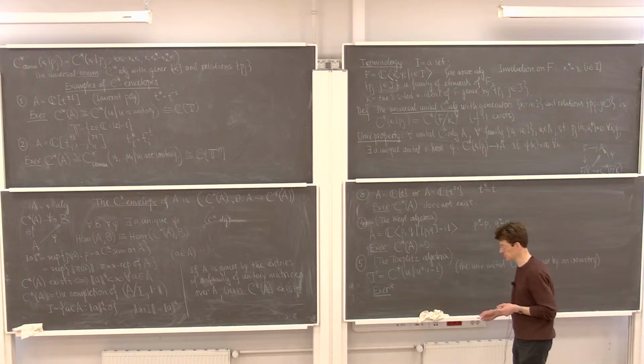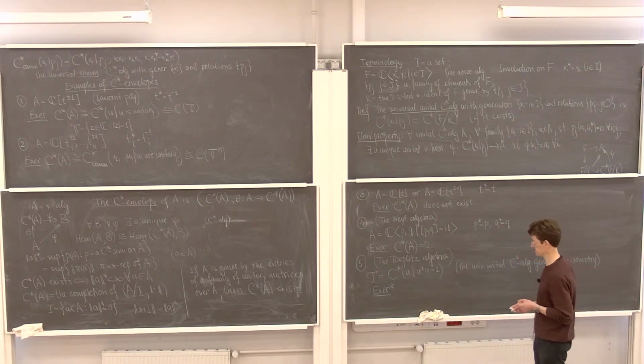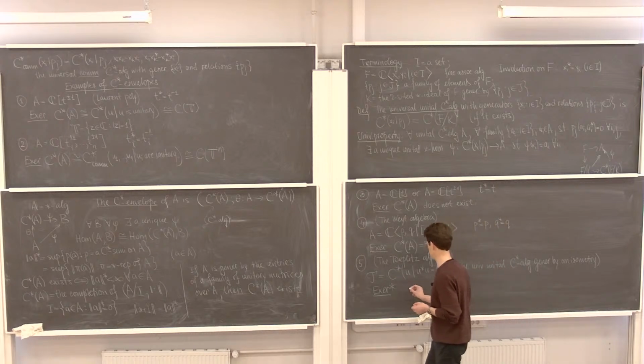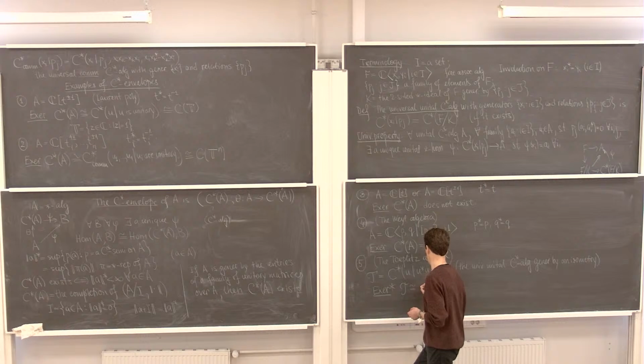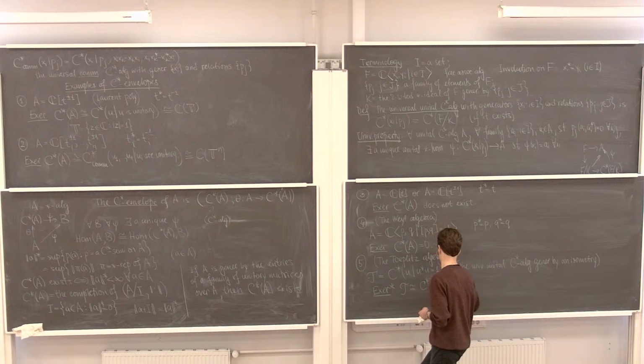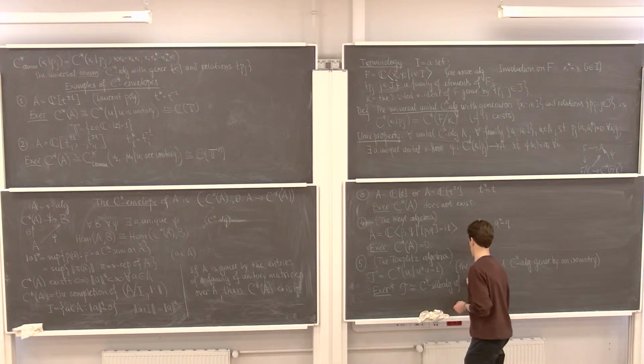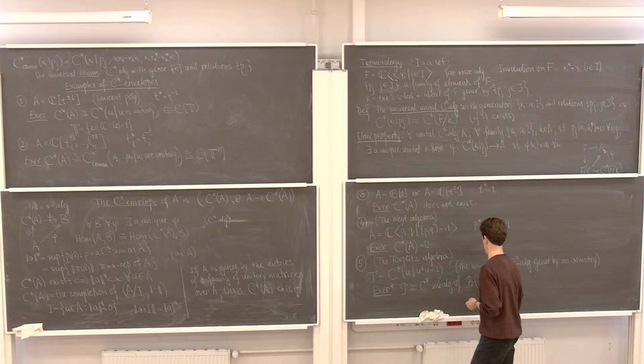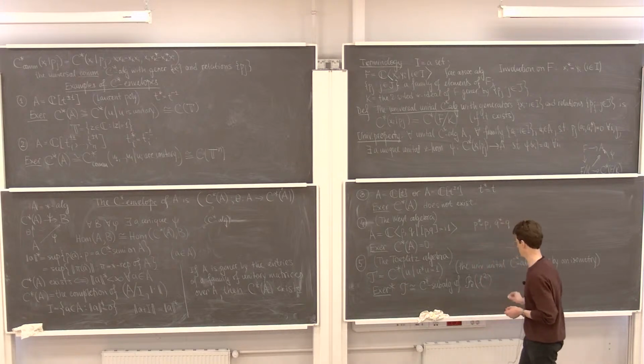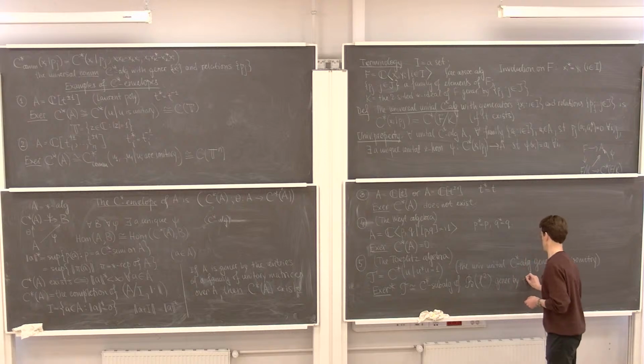In the next exercise sheet, I'll give some hints. This algebra turns out to be isomorphic to the C-star subalgebra of B of little L2, the algebra of bounded operators on the Hilbert space little L2, generated by the shift operator.